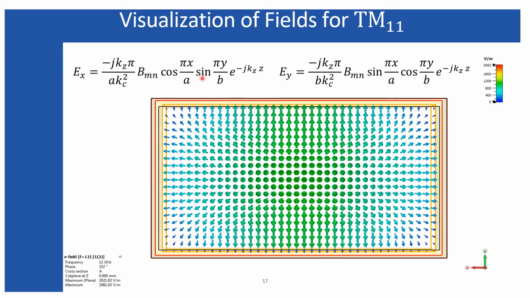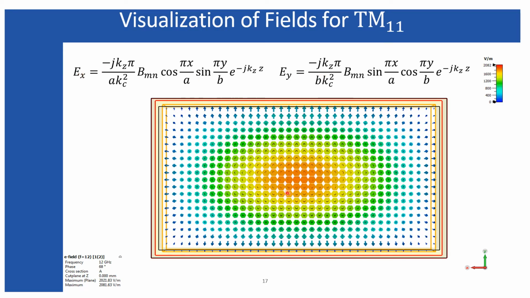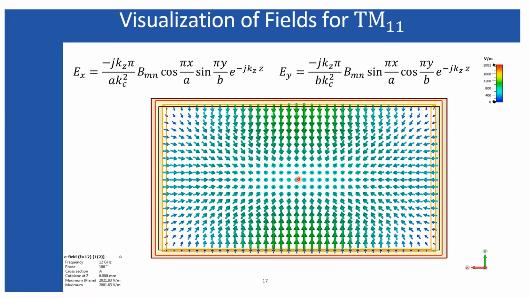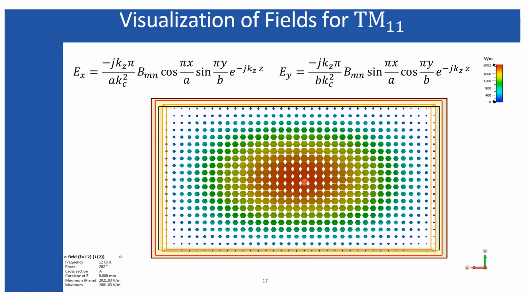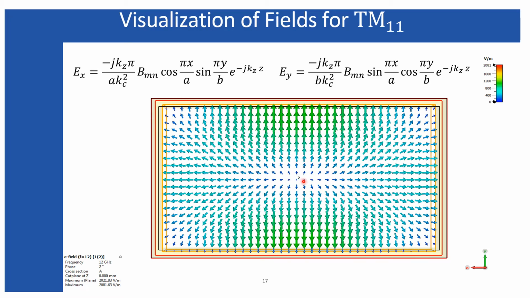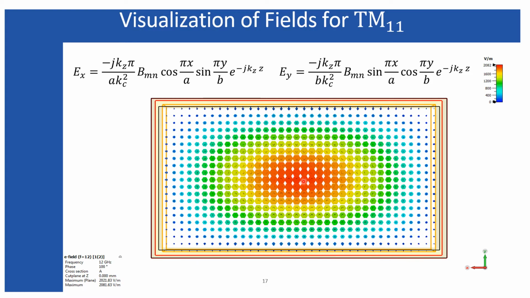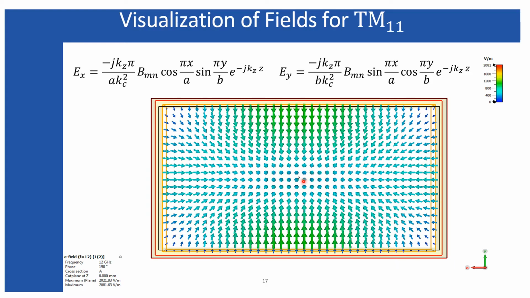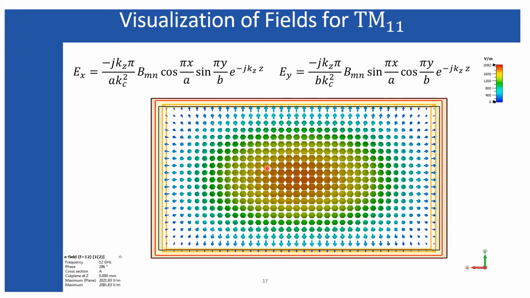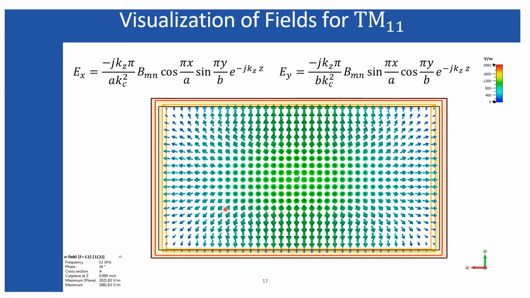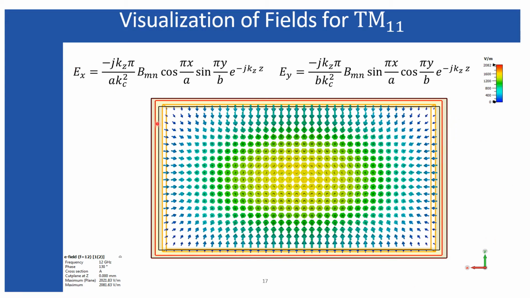Since these two components go to 0 at the middle position, only the z component will appear at the middle, and that z component is either towards you or from you. That depends upon the time evolution of the propagating wave. That is why you are observing such kind of animations over here.